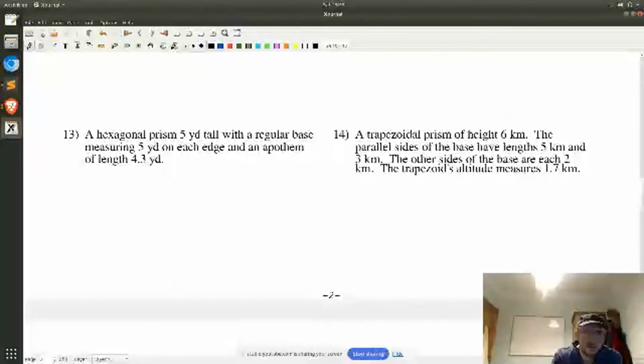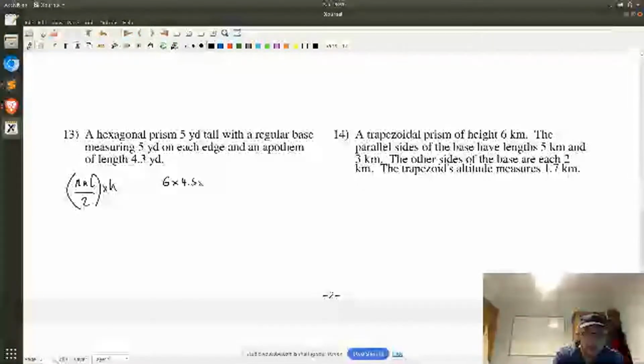A hexagonal prism, 5 yards on each edge, and an apothem of length 4.3 yards. So using apothem times perimeter over 2, then times that by the height. So 6 times 4.3 times 5, all of that divided by 2, and then times that by 5.